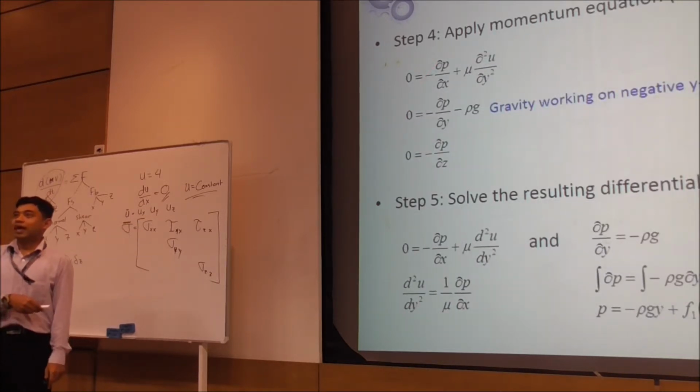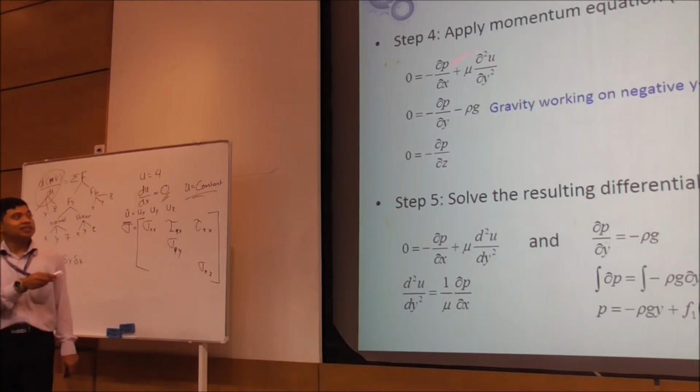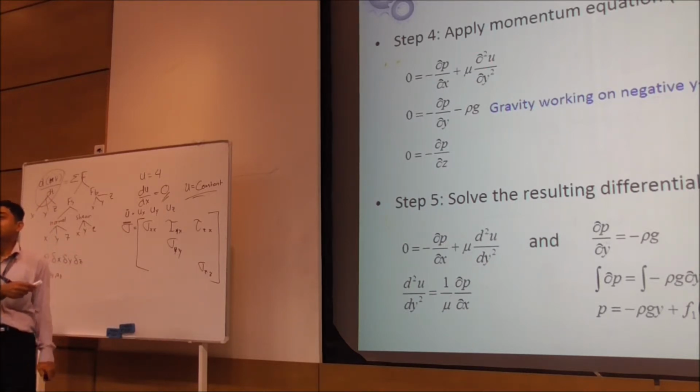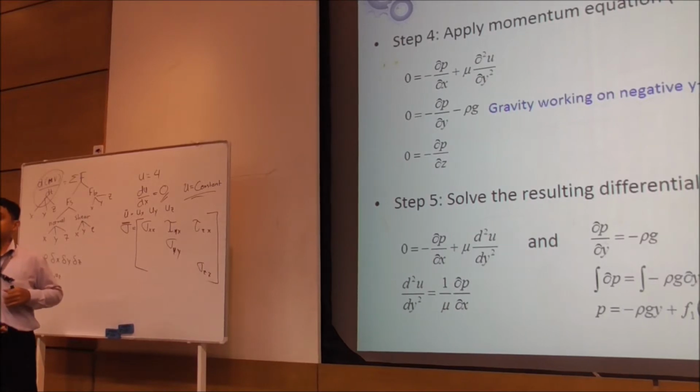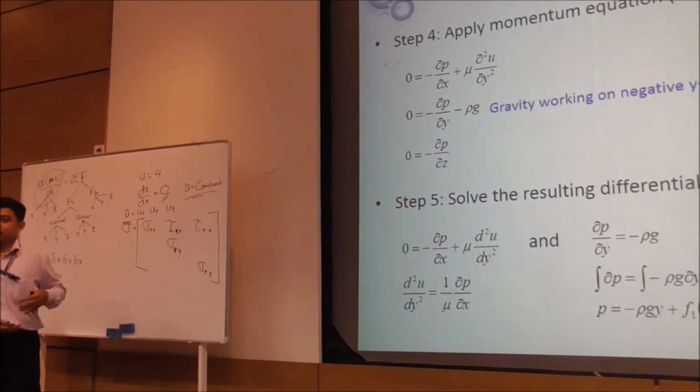Okay, but I'm sure this one still does not make you happy because it still has those things, right? But since u is a function of y only, you can change the partial derivative into an ordinary differential equation, which means it changes from a PDE into an ODE. What is PDE, ODE? Ask your lecturer.